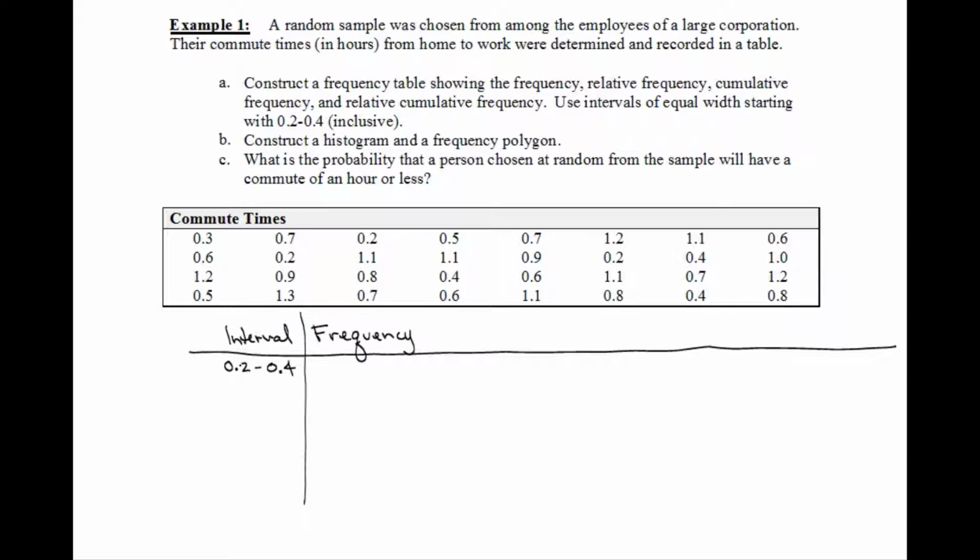So if it goes up to 0.4, we don't want 0.4 to be included in the next category, and therefore we are going to have to jump up to 0.5. And we want them to be equal width. If you look at the width of the first category, 0.4 minus 0.2, those are 2/10 units apart, and so we want our next interval to also be 2/10 in width.